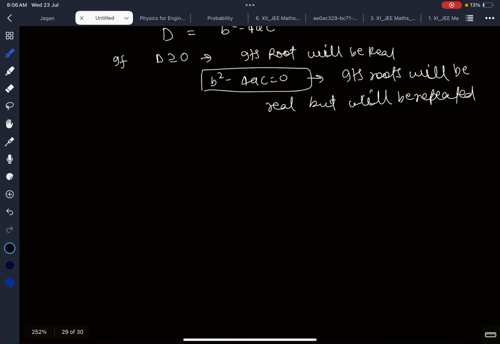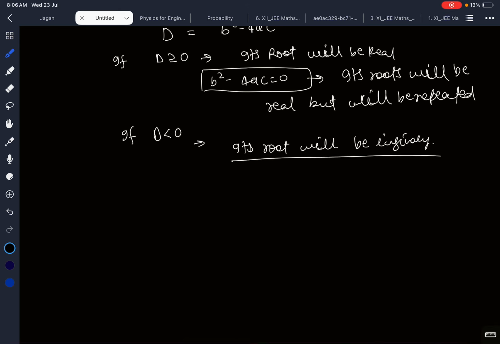And second thing is, if d is smaller than 0, then I will be saying its roots will be imaginary. And again, if I am saying its roots will be imaginary, then both roots will be imaginary.